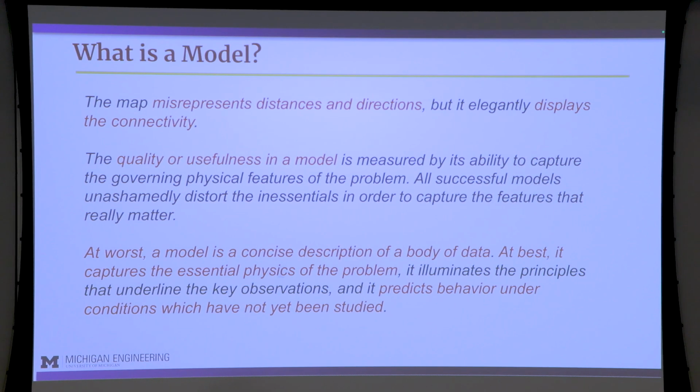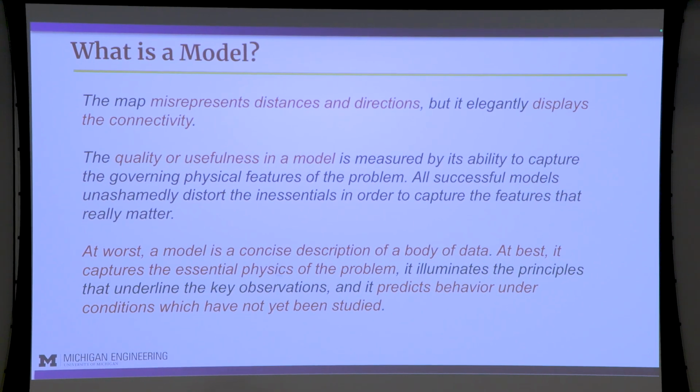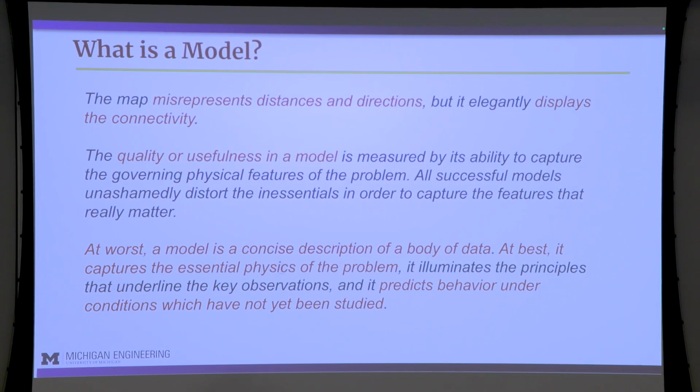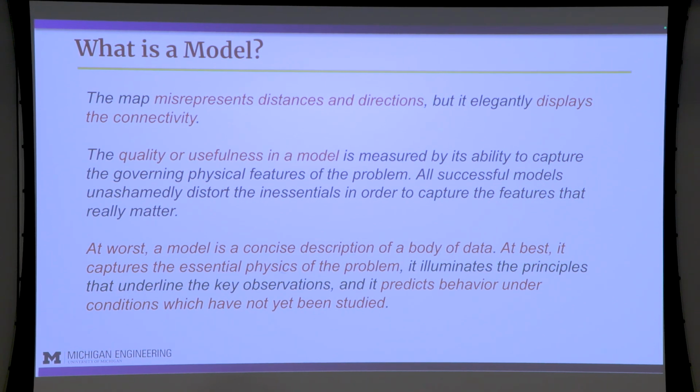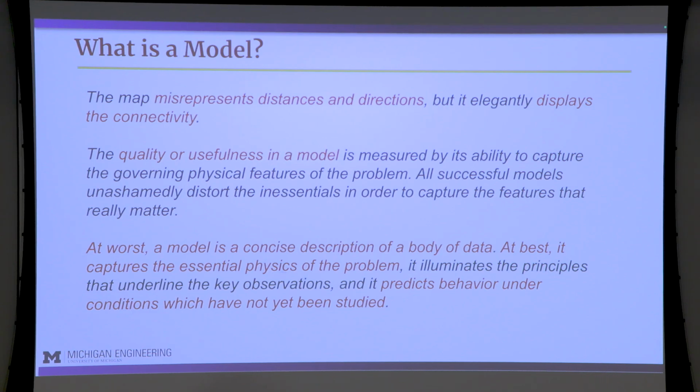So all successful models somehow distort the inessentials in order to capture the features that really matter. Okay? At worst, a model is a concise description of a body of data. At best, it captures the essential physics of the problem. Okay? And we want something that is also able to predict the behavior under conditions which have not yet been studied.